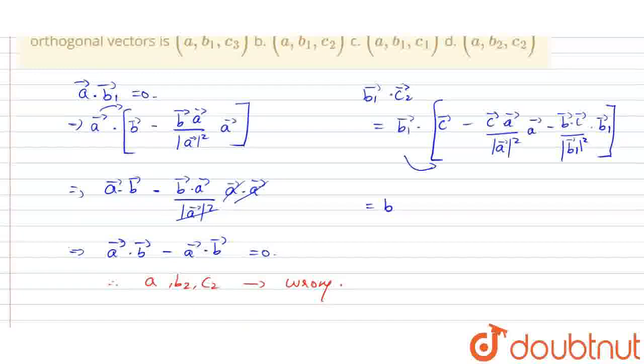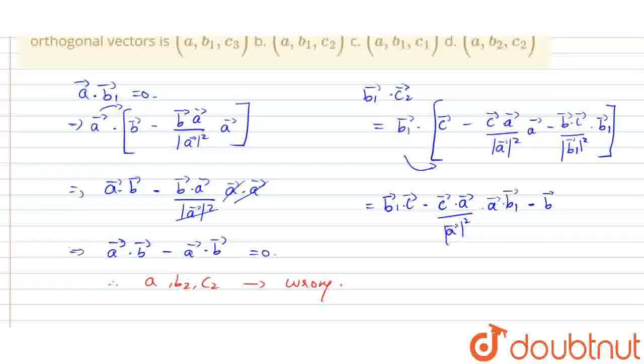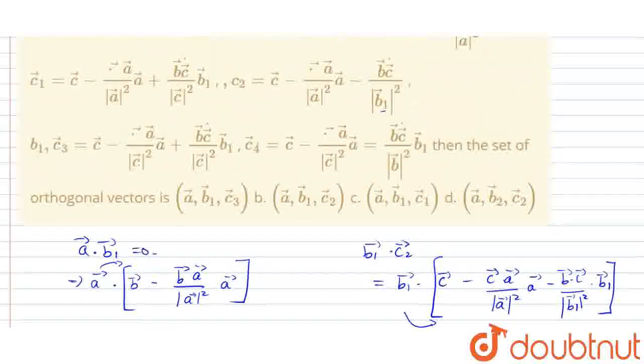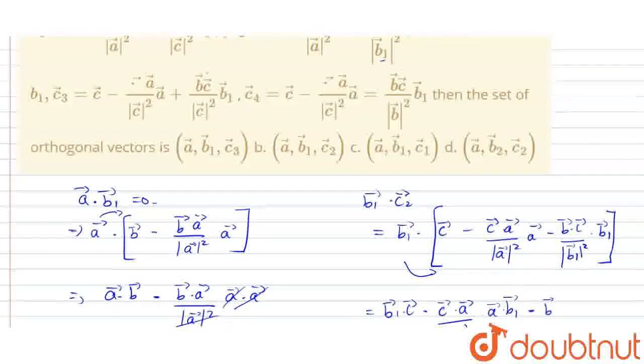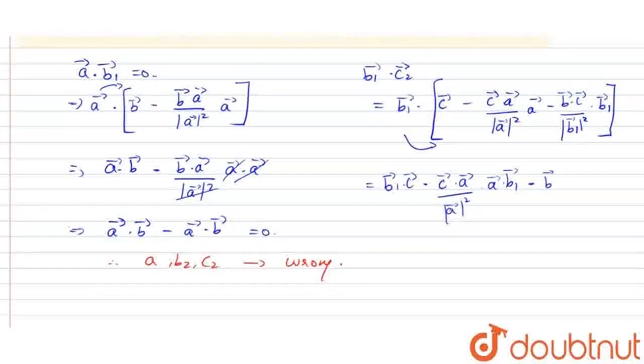So it becomes B1 vector dot C vector minus (C vector dot A vector) divided by A vector the whole square into A vector dot B1 vector, minus B1 vector dot C vector divided by B1 vector the whole square into B1 vector dot B1 vector.